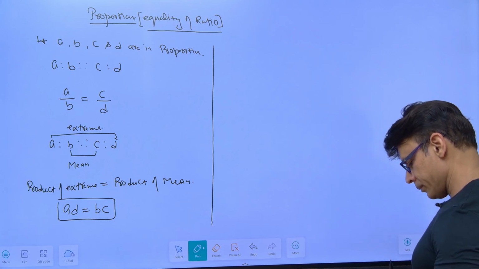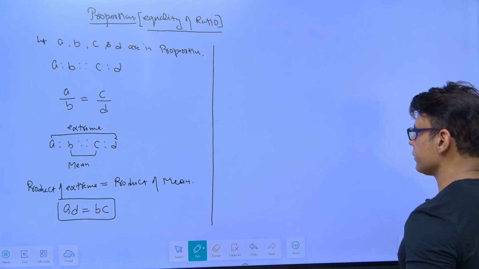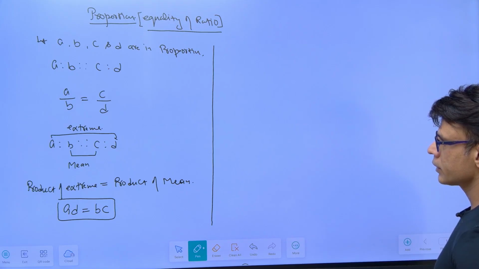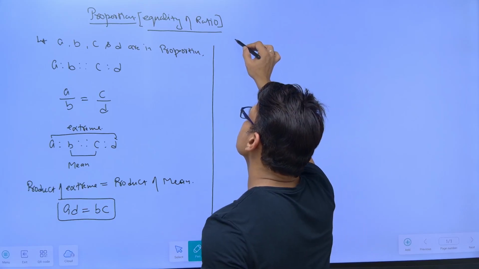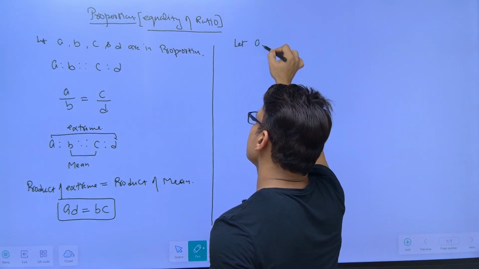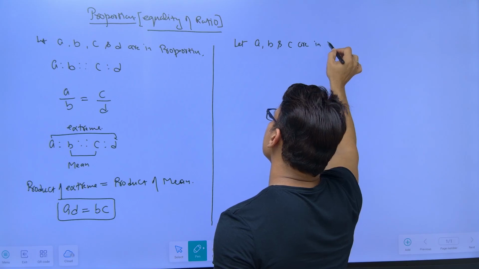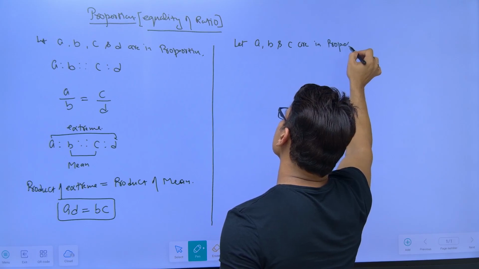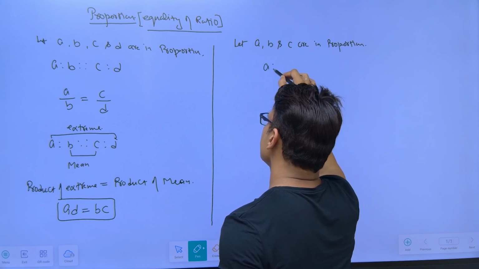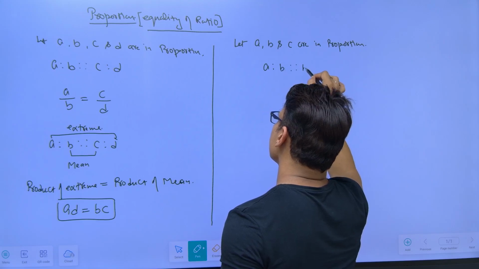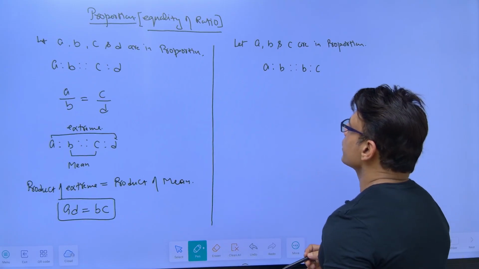Done? This is clear. Sometimes they'll say that three numbers are in proportion. So let A, B and C be in proportion. Say three numbers are in proportion, then A is to B is in proportion with B is to C. Because the middle number is called the mean proportional.